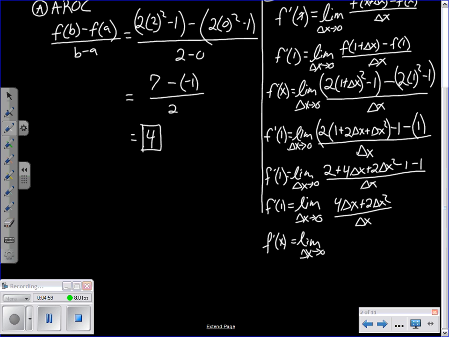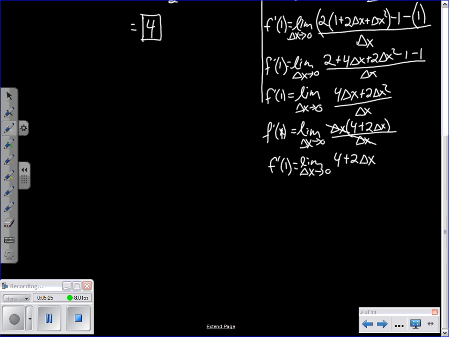So I have the limit as delta x goes to 0 for delta x times 4 plus 2 delta x divided by delta x. Delta x's cancel. So f prime of 1 is going to be equal to the limit as delta x goes to 0 of 4 plus 2 delta x. And keep in mind, I'm finding the limit as delta x goes to 0, so I'm going to use direct evaluation to plug 0 in for delta x.